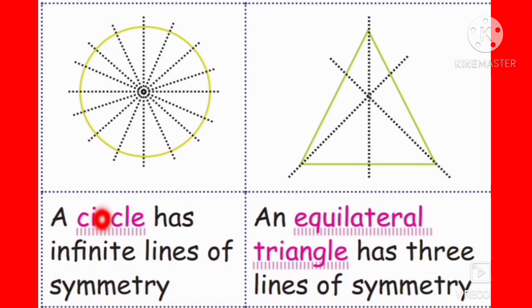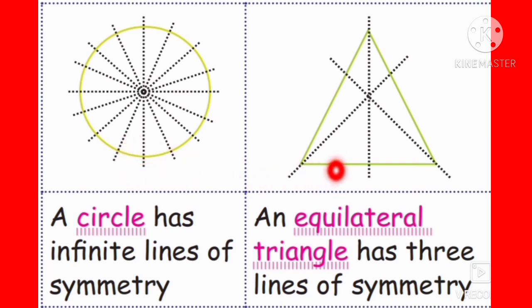What about a circle? A circle has infinite lines of symmetry. See, the shape circle has an infinite number of symmetry lines.